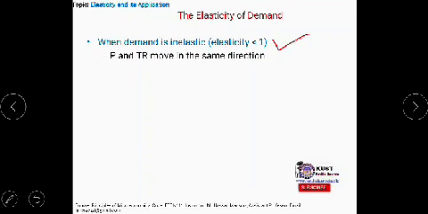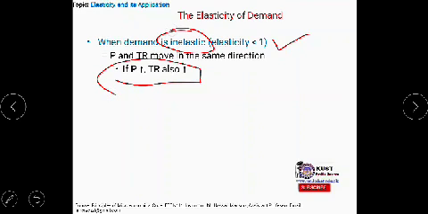So price and total revenues move in the same direction, which means that if the price increases, the total revenue will also increase. For what? For the inelastic demand. So if the demand is inelastic, you can increase the price, that will increase your total revenues.